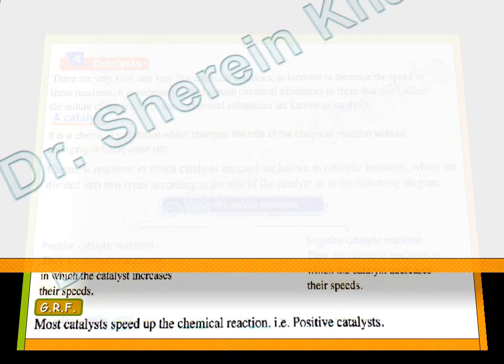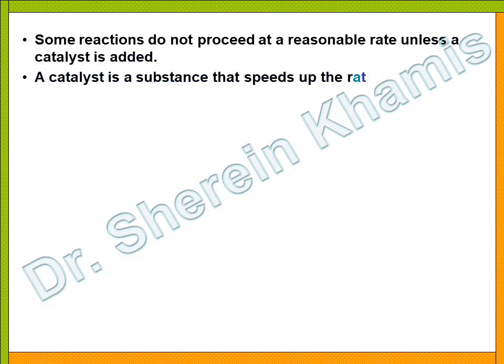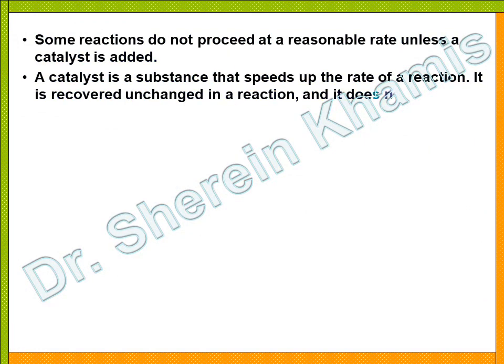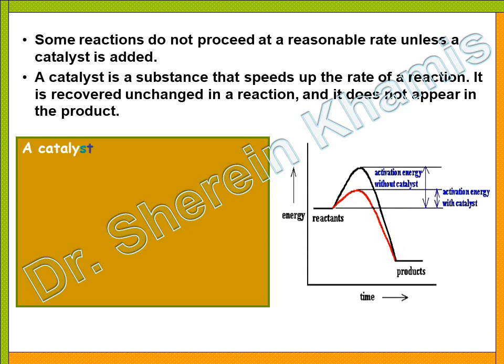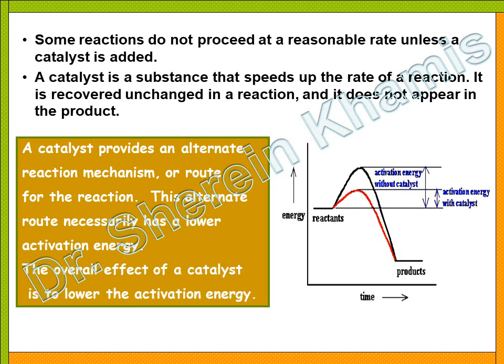Some reactants don't proceed at a reasonable rate, so we have to add the catalyst. The catalyst substance that speeds up the reaction is recovered unchanged at the end of the reaction, so it is provided in a small amount. This is the activation energy. We have the reactant and the product, and the activation energy needed to make the product here.